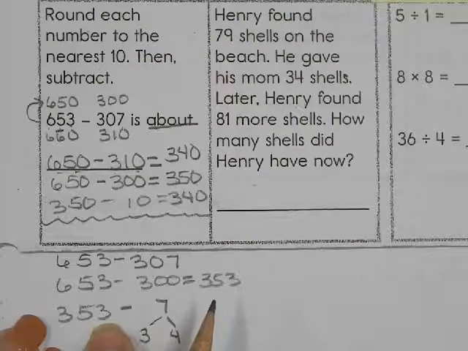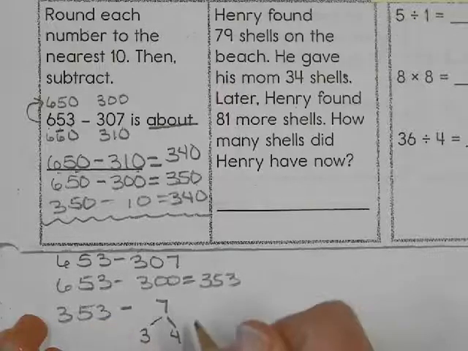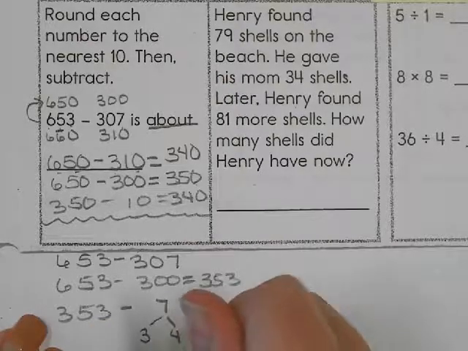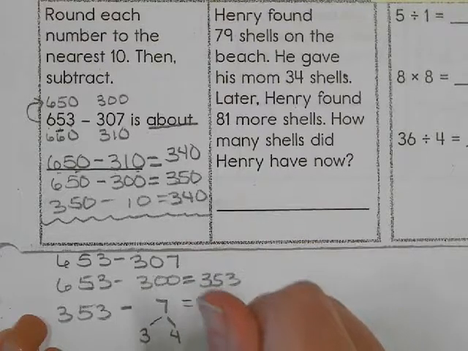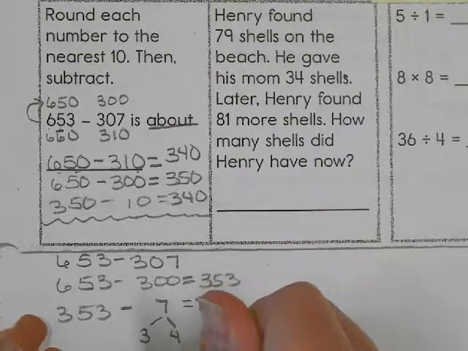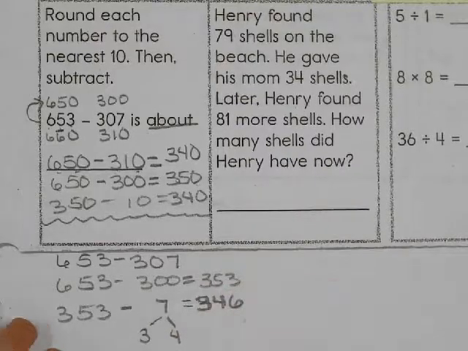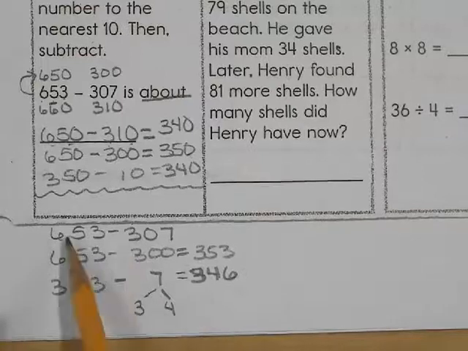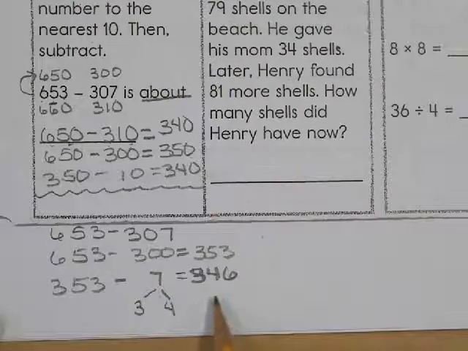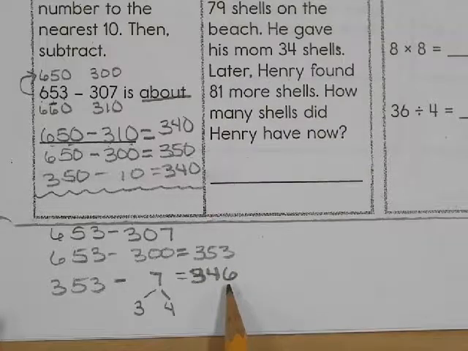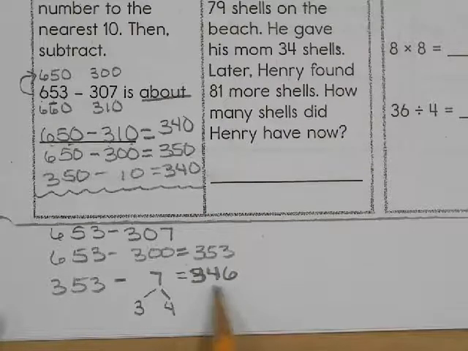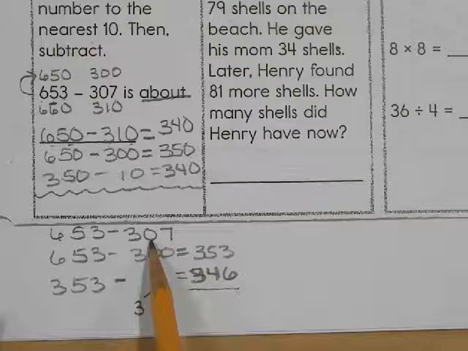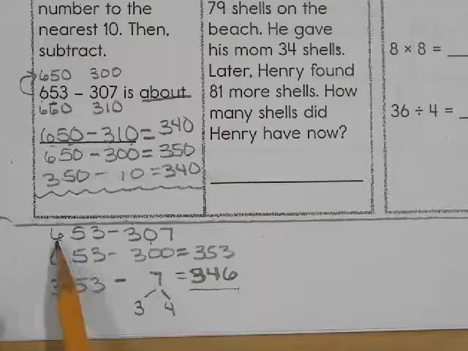Subtract 3, which would make 350, then subtract 4, which would make 346. So my difference for 653 minus 307 is going to be 346. Now, if I wanted to check my answer, I could use my difference, add the 307 back to that, and see if we came up with 653 to check it.